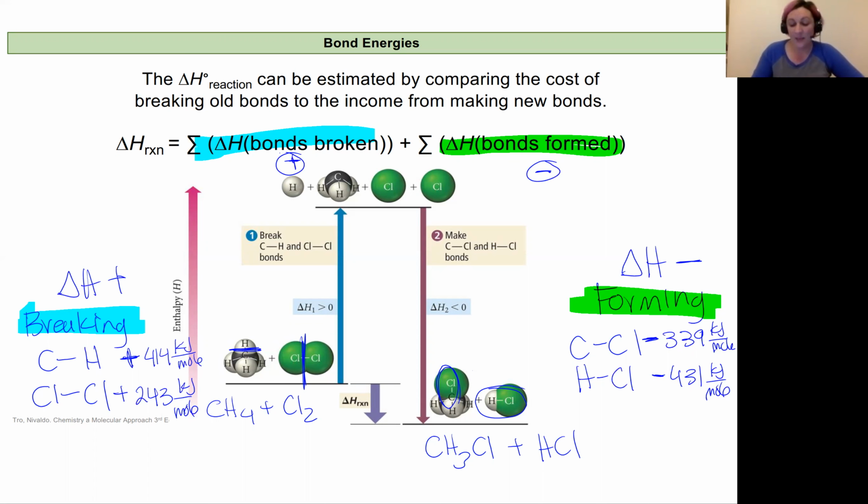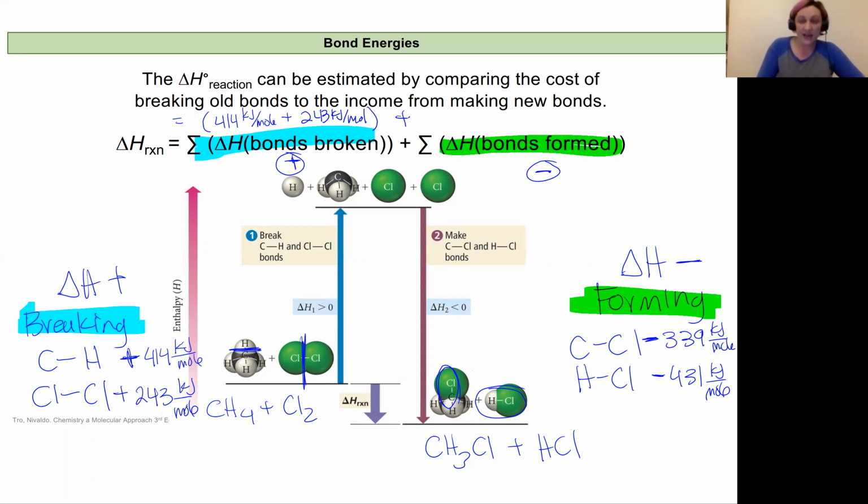So I'm going to take the sum on both sides, right, of this forming and breaking. So my breaking ones are going to be 414 kilojoules per mole plus my 243 kilojoules per mole.